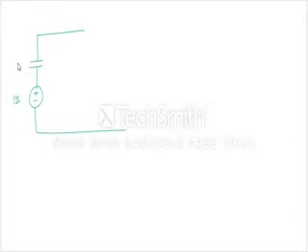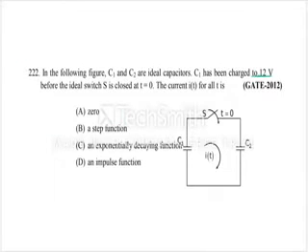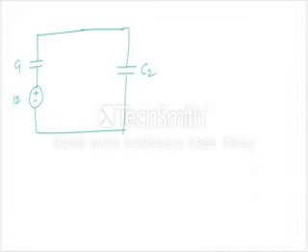This is capacitor C1, which has a charge of 12, and this is another capacitor C2. Now the switch is closed, and they ask me to find the current after the switch is closed.